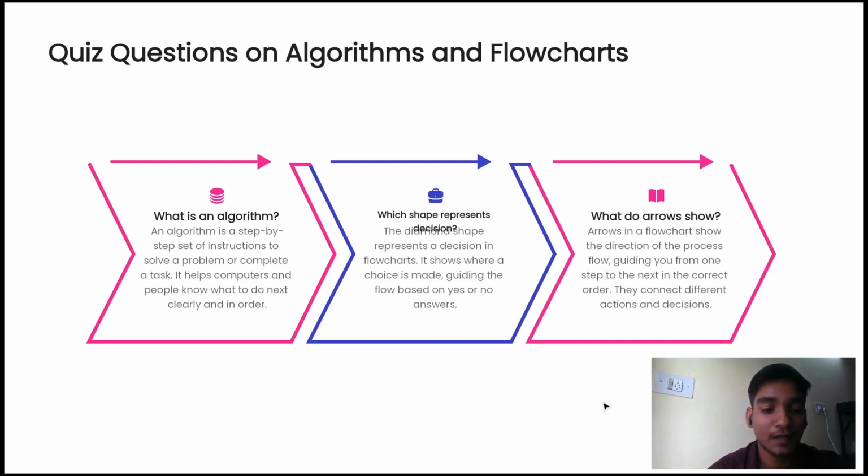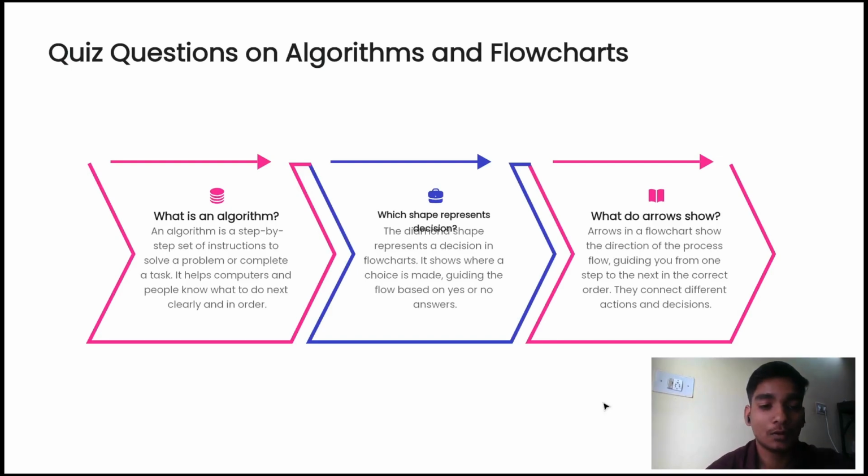And another question: which shape do we use for a decision in a flowchart? Yes, it's the diamond shape. Next question: what do arrows show in a flowchart? They show the direction or flow of steps. Yes, the direction of flow of steps.